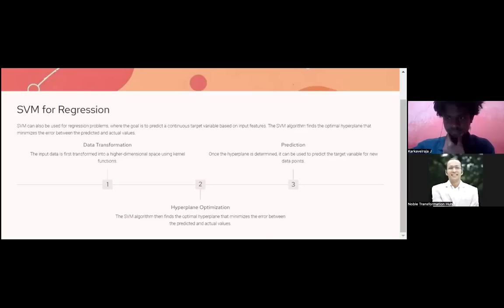Then hyperplane optimization: the SVM algorithm finds the optimal hyperplane that minimizes the error between predicted and actual.